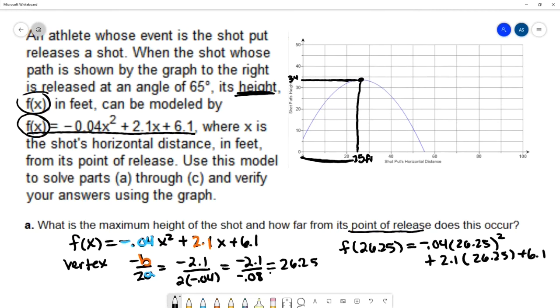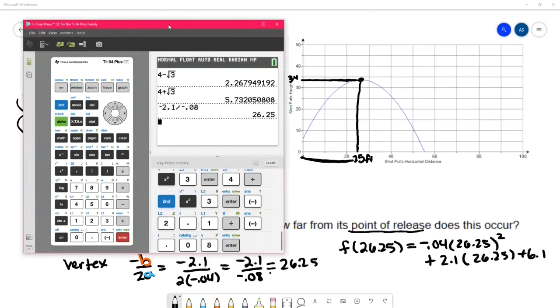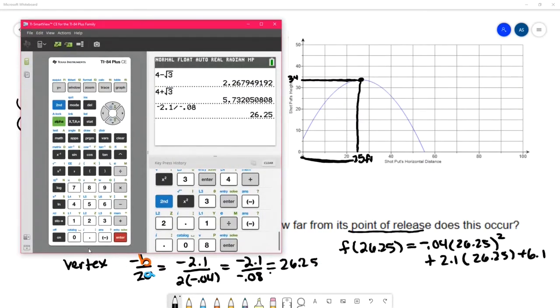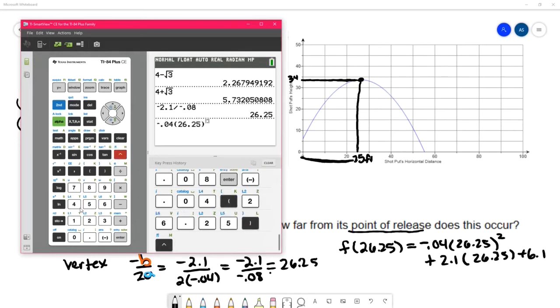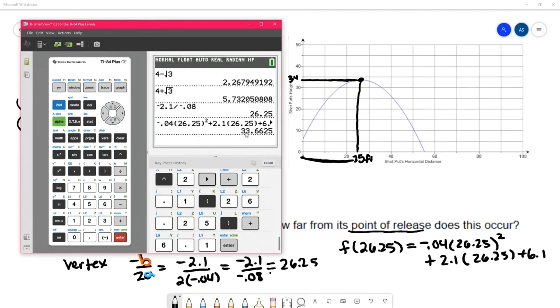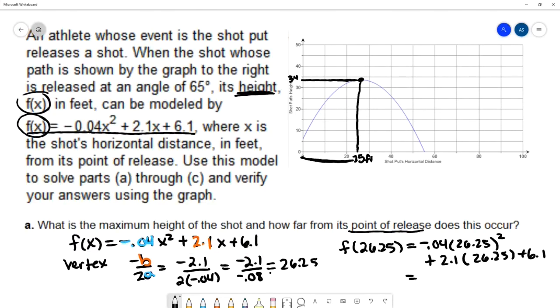So let's put that in the calculator. We have negative 0.04 times 26.25 squared plus 2.1 times 26.25 plus 6.1. We have 33.6625, and that's also feet.